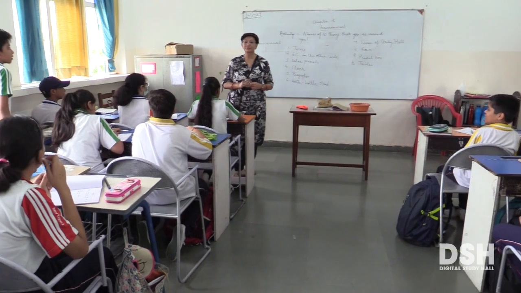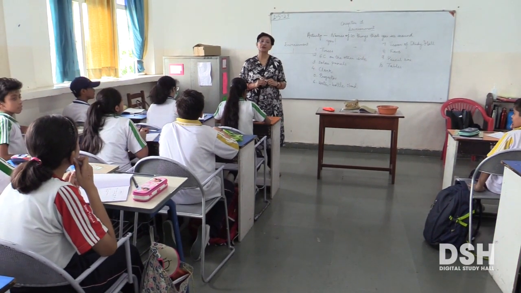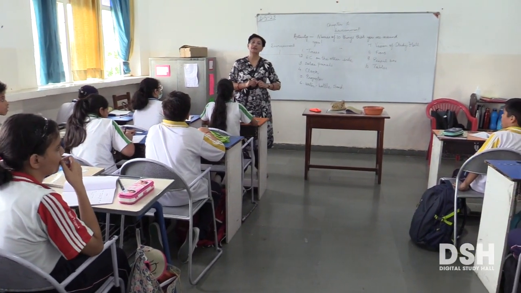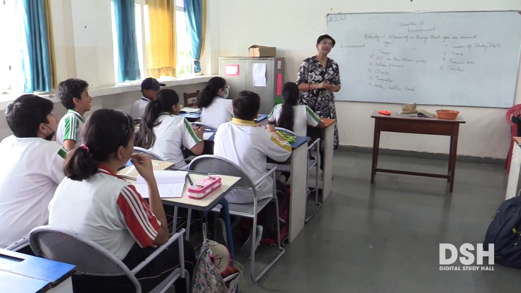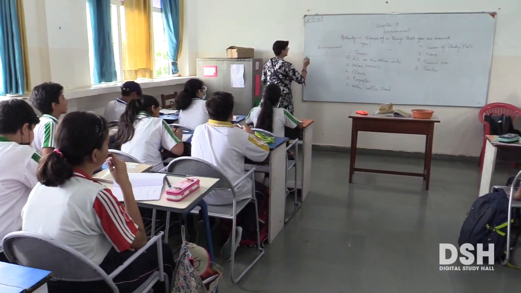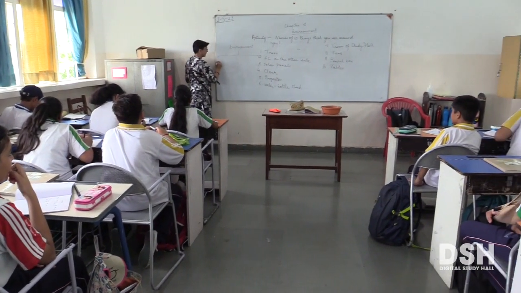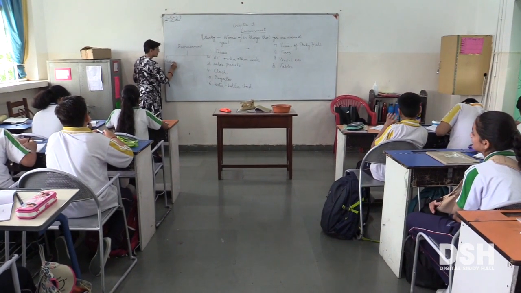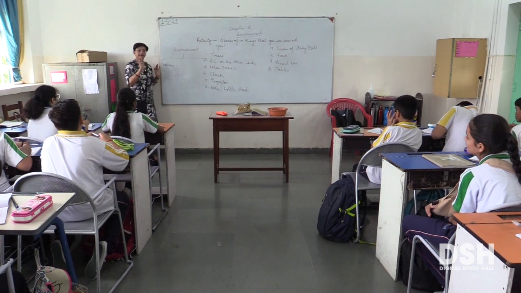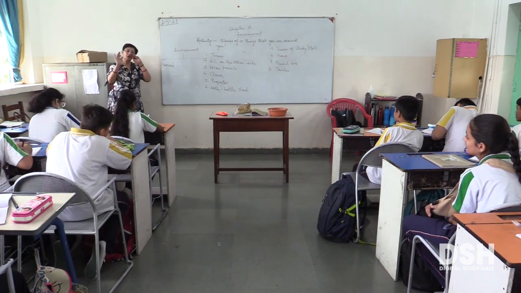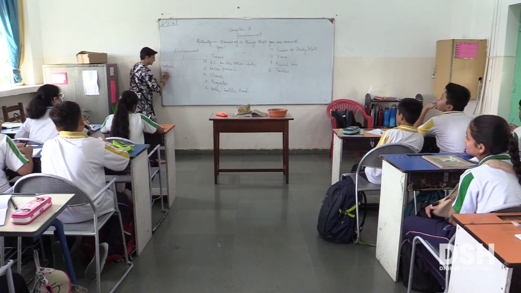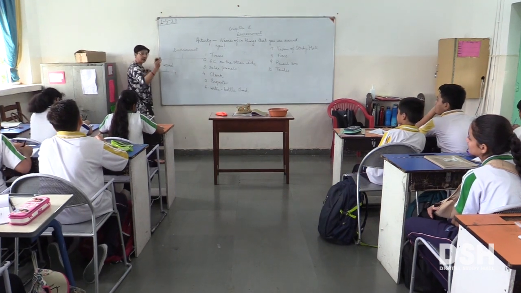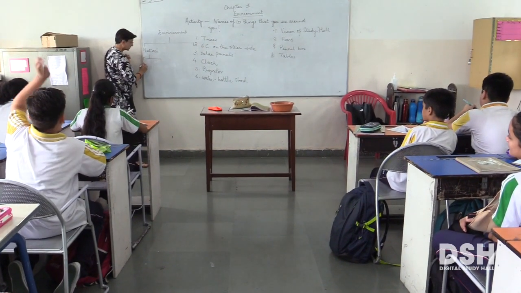What kind of things are they? Let's see. Environment is basically made up of something which is naturally present. So what you are talking about is the natural environment, which is subdivided into, now speak, biotic and abiotic.